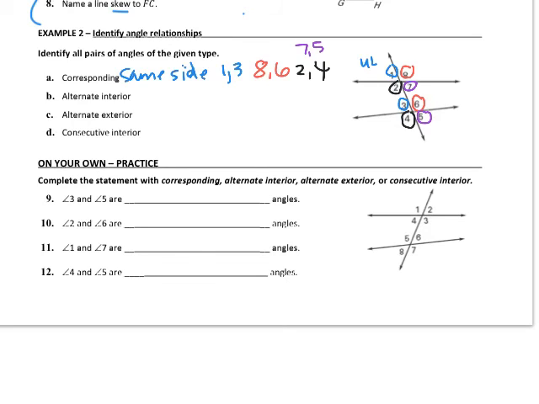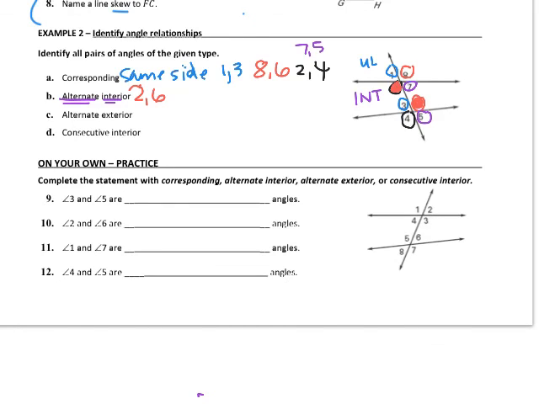Okay, alternate interior angles are, the word alternate, just as a reminder, means opposite. Okay, and the word interior is inside, so these are the interior angles in here. So angle 2, I'm sorry, it's going to have the alternate interior relationship with angle 6.